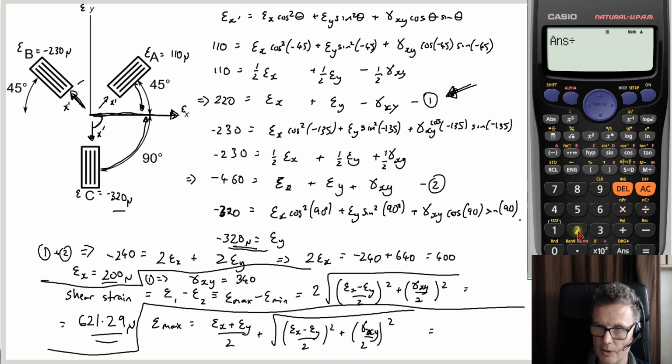So let's divide that by 2. And now let's add on that. So that is minus 320. Actually, that was the y value. The x value is what? 200 minus 320. And then divide it by 2.